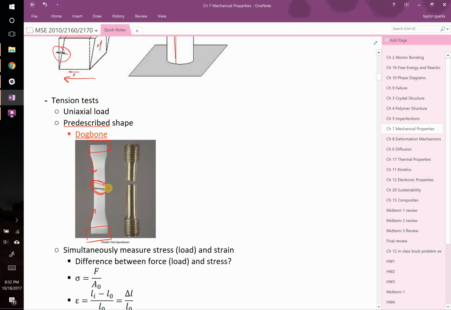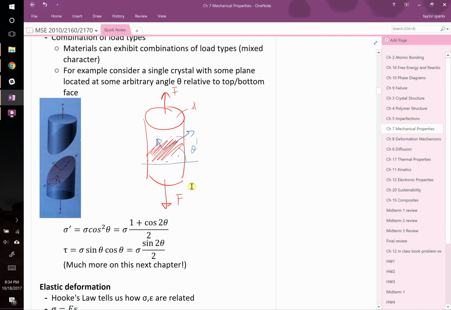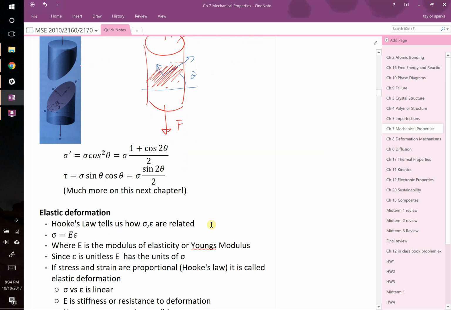We can figure out the normal stress and the shear stress acting on that plane, and they're going to depend on the angle that this plane is rotated at relative to the applied force. We'll come back to that in a few chapters when we talk about deformation mechanisms, but here are the expressions for those, and you'll see that in the homework this coming week.